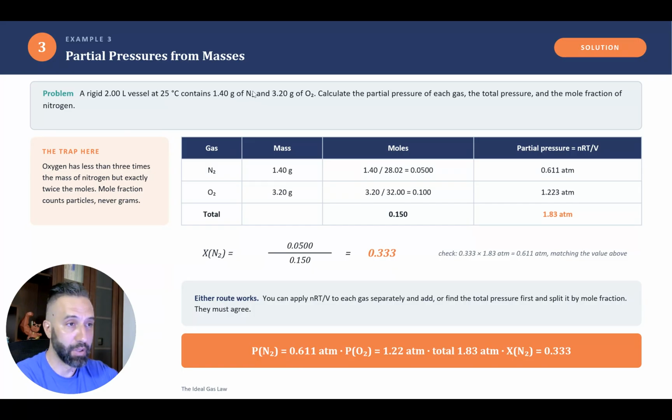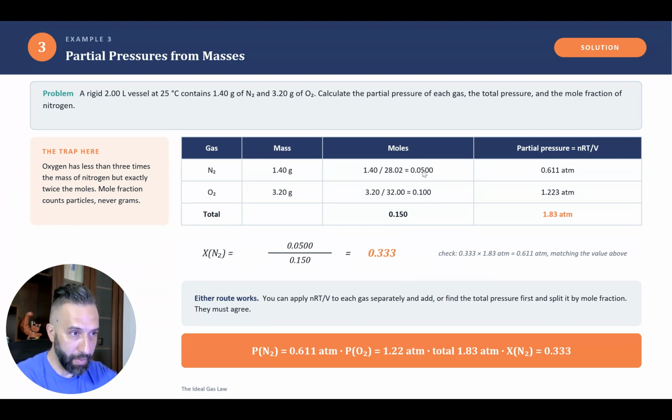I have the total number of moles, right? So I can calculate the total pressure from here because I have all the data that I need. So when I calculate the total pressure, 1.83, I will know that out of that total pressure, 33.3% is nitrogen and 66.6% is oxygen.